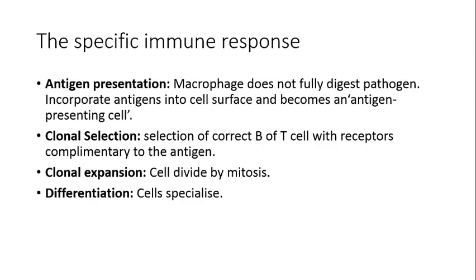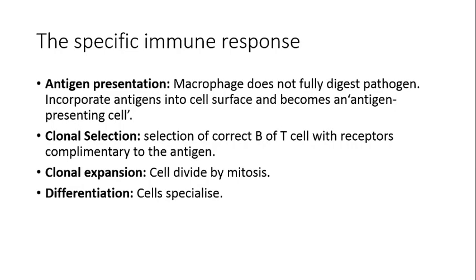So last week we talked about the process of the specific immune response, which starts off with antigen presentation. That's when a macrophage engulfs the pathogen and digests everything except for the antigens that it will then display on the surface. So it becomes this antigen presenting cell.